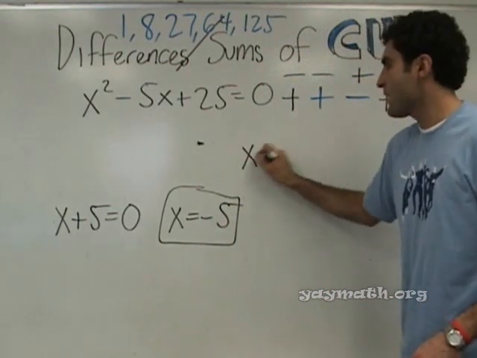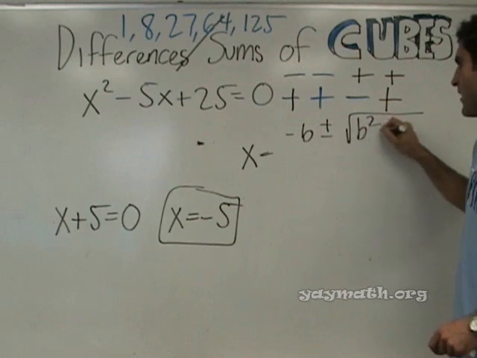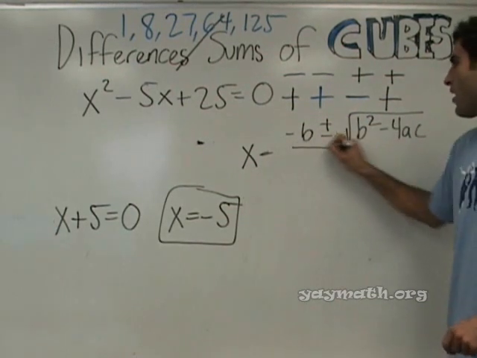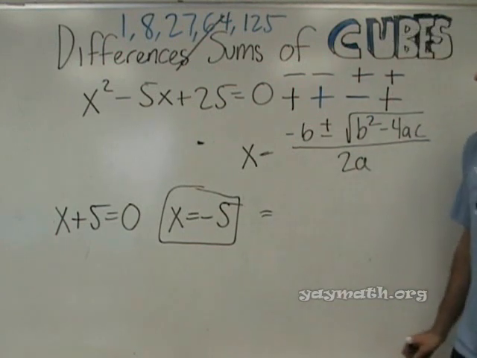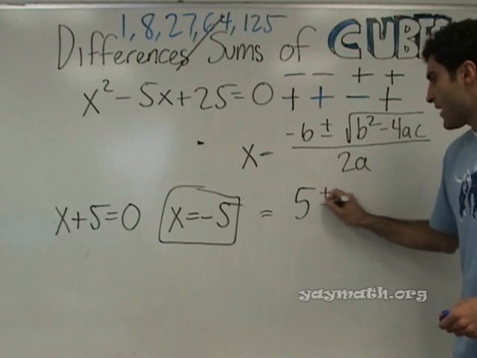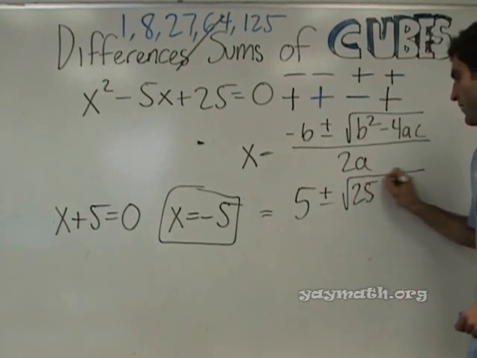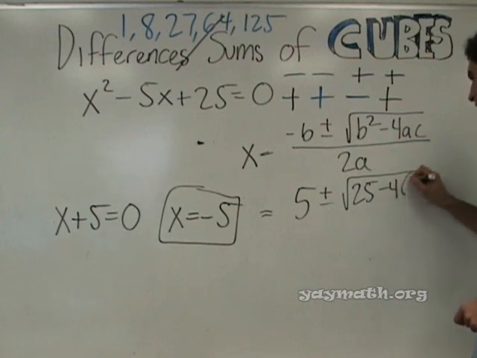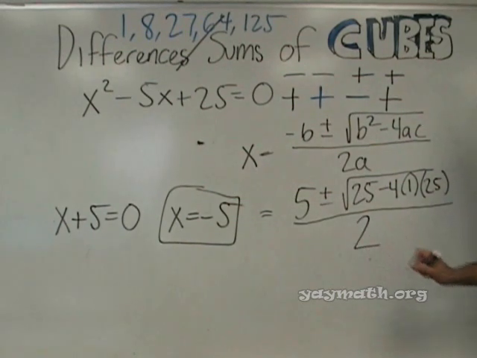Okay, x equals negative b plus or minus the square root of b squared minus 4ac, all over 2a. What's negative b? 5. 5 plus or minus the square root of, what's b squared? 25. 25 minus 4 times 1 times 25, which is 100, and then over 2.